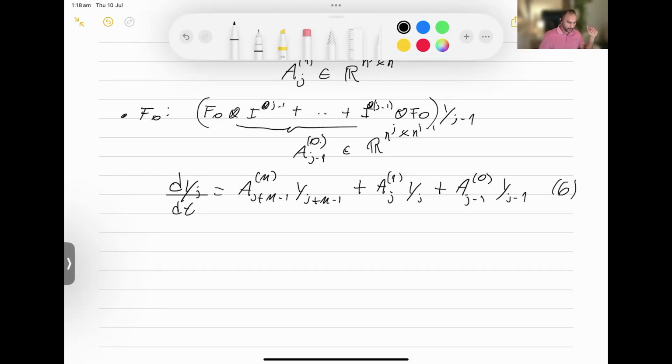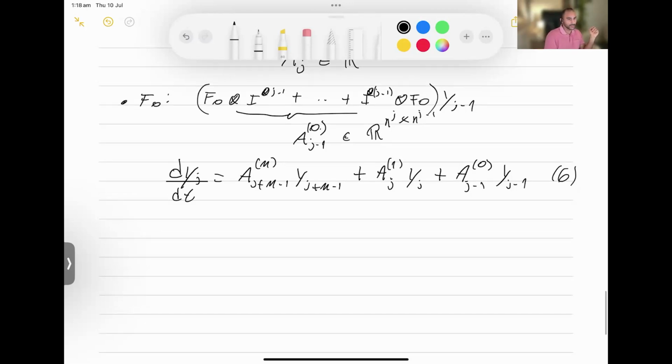Now just tweak the max, and you're going to create again a system of infinite equations, and you have to decide where the truncation is going to be.